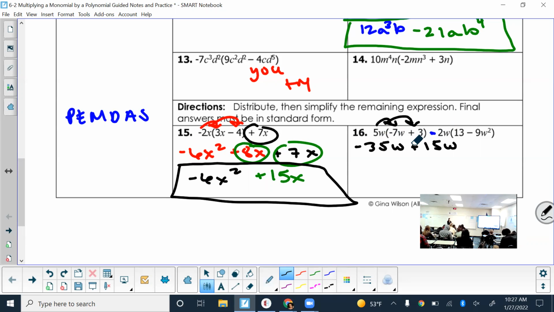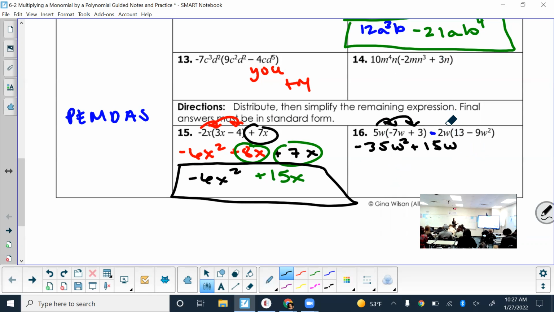Is that 100% correct the way I wrote it? What am I missing? So this first one should be w squared. So the w times w, good. All right, and then yeah, 5w times 3 is 15w.